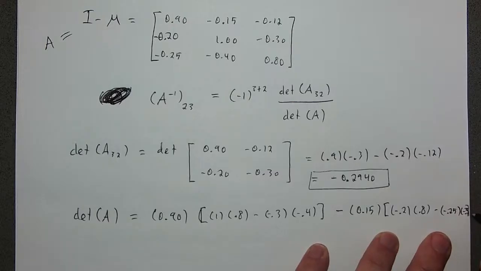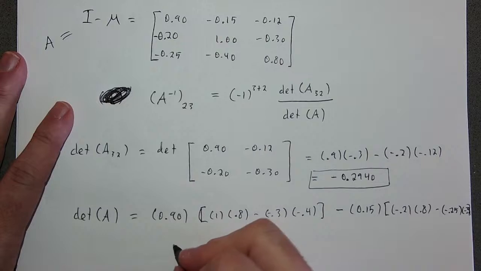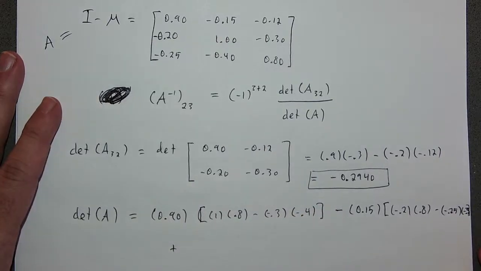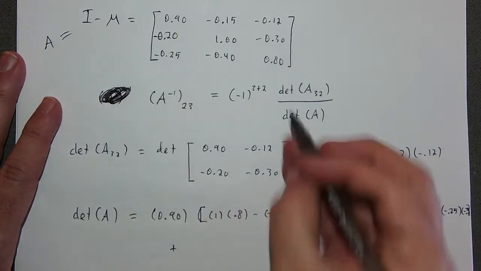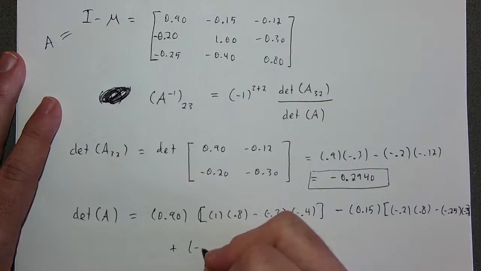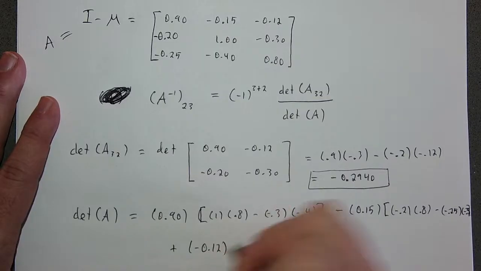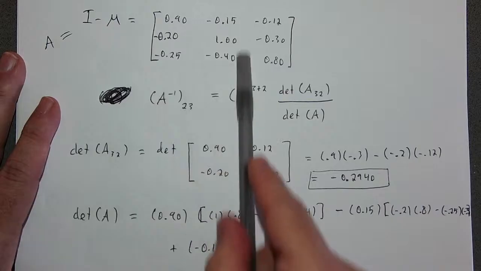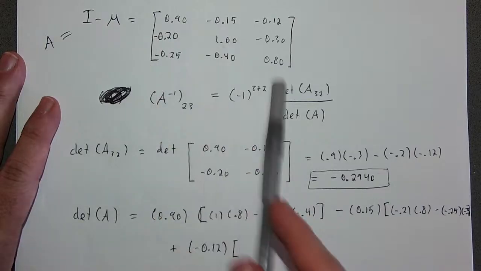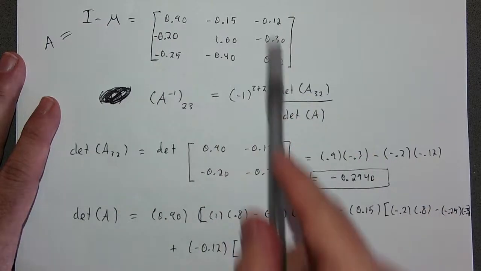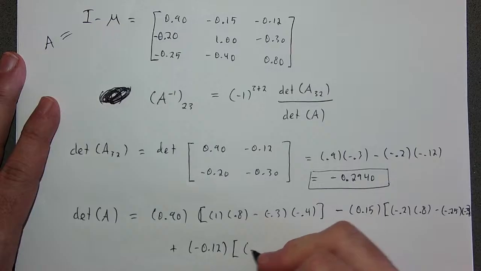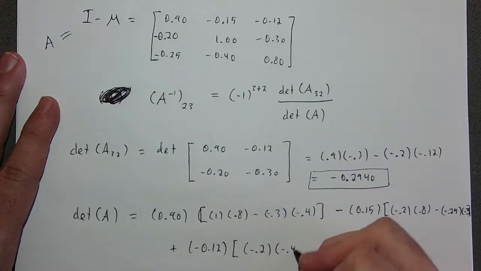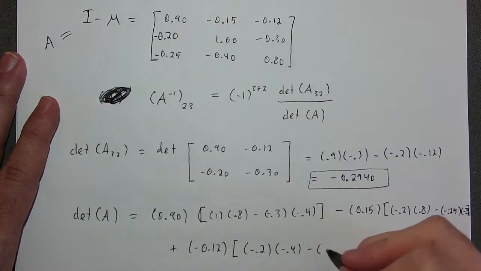It's minus 0.3 here. Plus, this would be minus 0.12 times the determinant of the 2 by 2 submatrix here, where I delete the first row again and third column now. So this would be minus 0.2 times minus 0.4 minus minus 0.25 times 1.